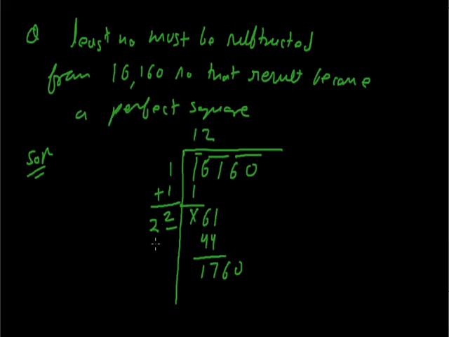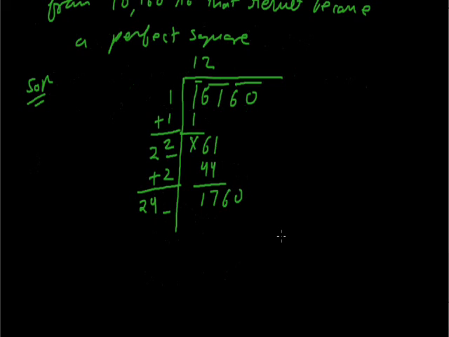I have to just copy the quotient, that is 2, so 24 with a blank. Now I have to put a number so that the product is just less than or equal to 1760. Let's say I put 7 here. When I put 7 here, I have to multiply the number with 7. 7 times 7 is 49.